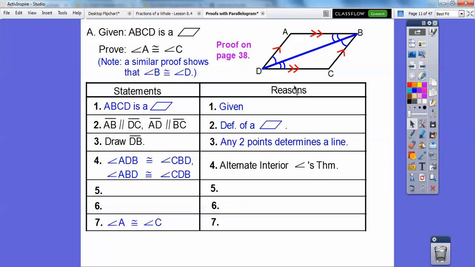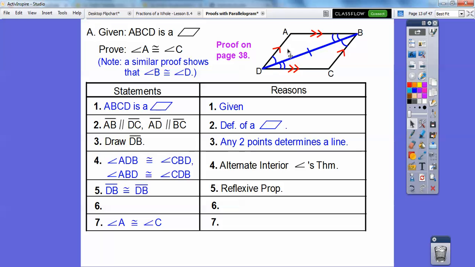Now I'm going to say DB equals DB by the reflexive property. Let's go ahead and insert that right there. So by the reflexive property, DB is congruent to DB, okay? And then check this out. Angle, side, angle.